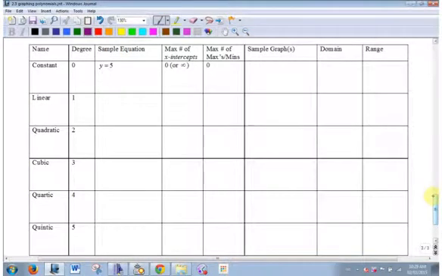Okay, last thing we're going to do. A constant. How many x's are in here? None. It's a degree of 0. If you like, you can write it like that. Okay, because what's anything to the 0 power? It's actually 1.